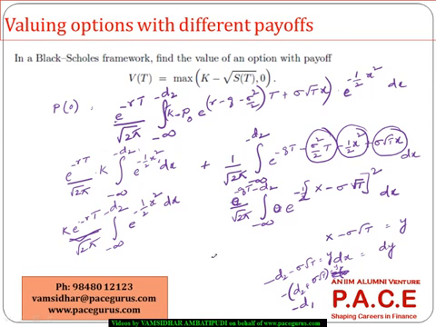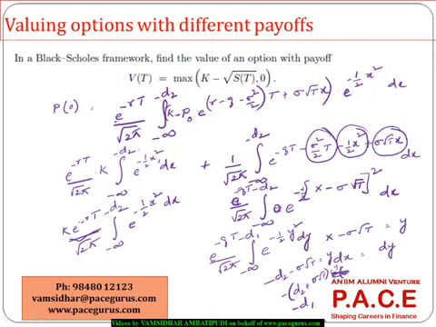So this is becoming e power minus qt divided by root 2 pi into the integral from minus infinity to minus d1 of e power minus half y square dy.